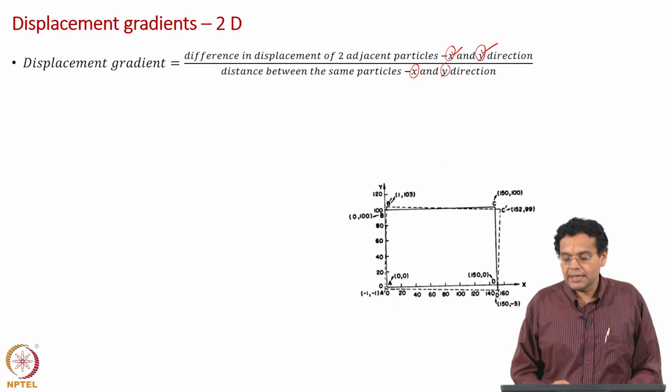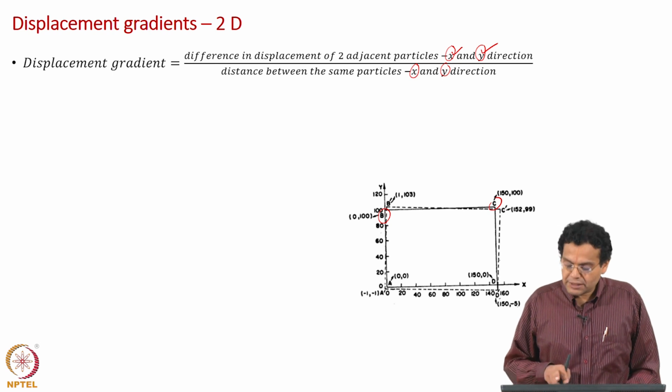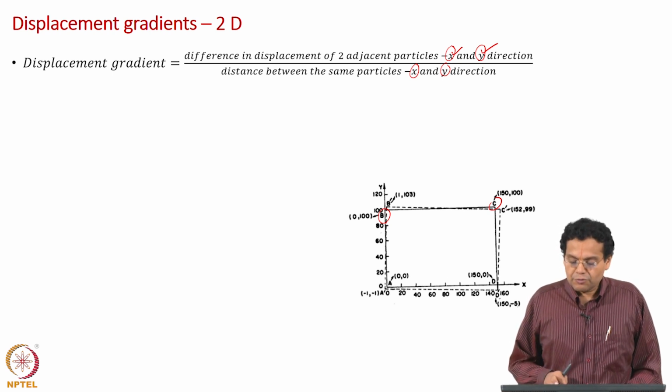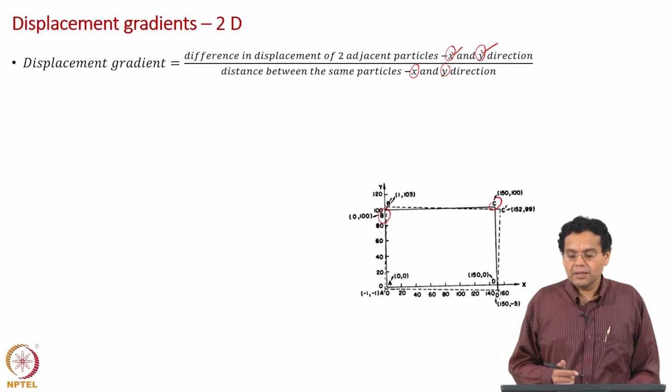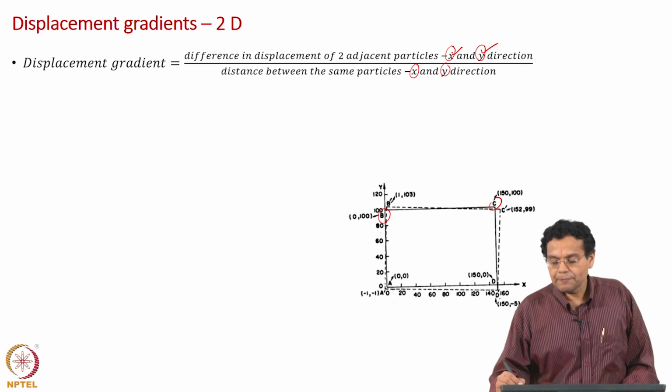So, the denominator tells the direction along which you are going to consider 2 particles. For example, let us say x direction, let us say we consider the particles B and C. For these 2 particles I can find out difference in their x displacement and y displacement. That gives 2 possibilities for the numerator.